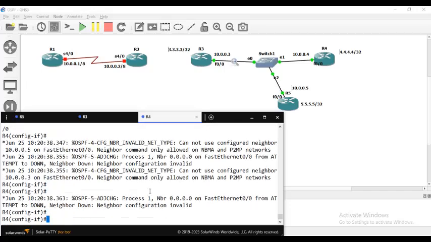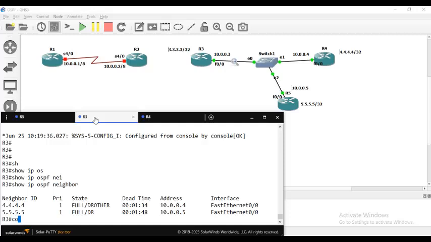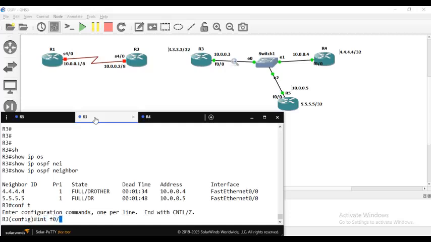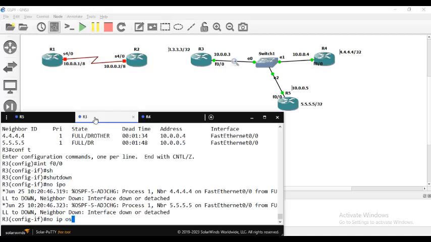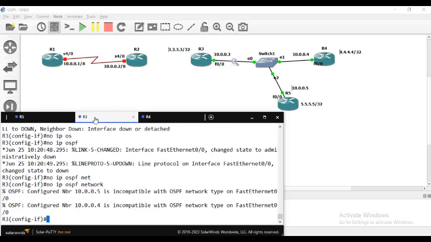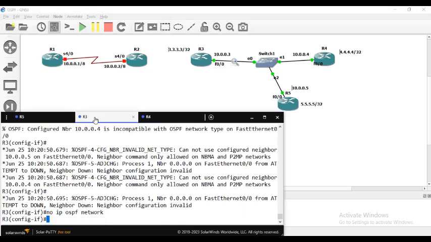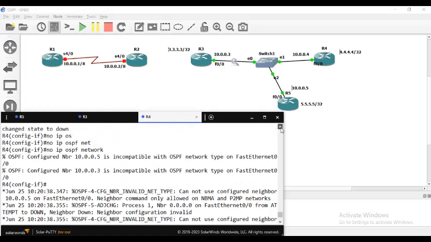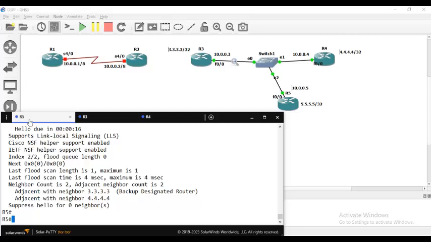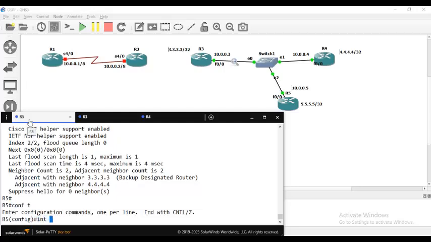Also on R4. Okay, I need to do it on 5: interface F0/0, no ip ospf network, shutdown. All right.